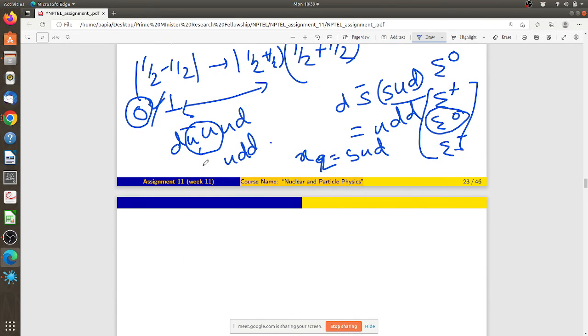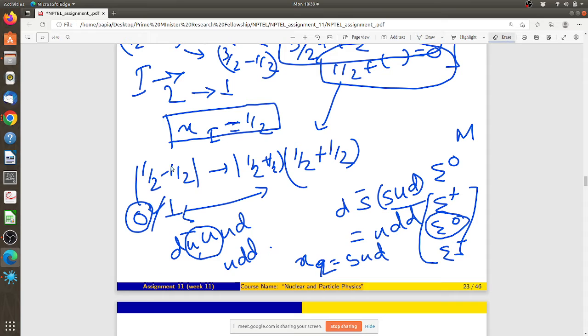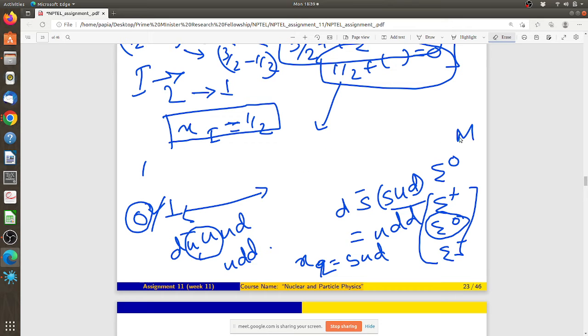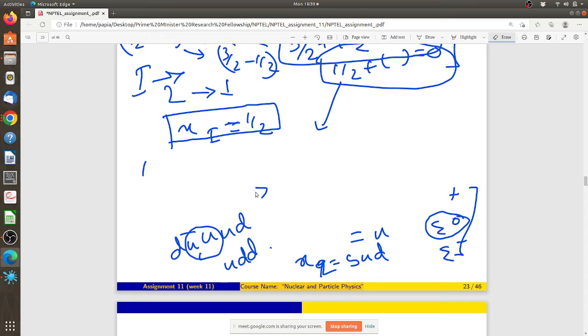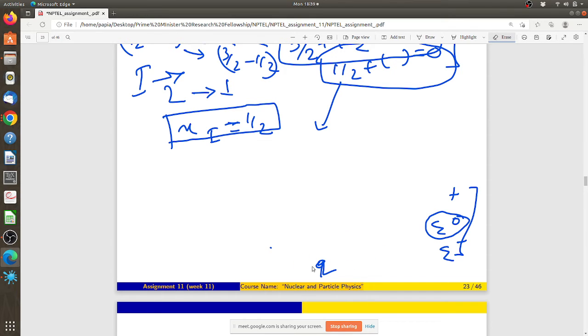Okay. So now coming to the I3 value. So I3, what was that?